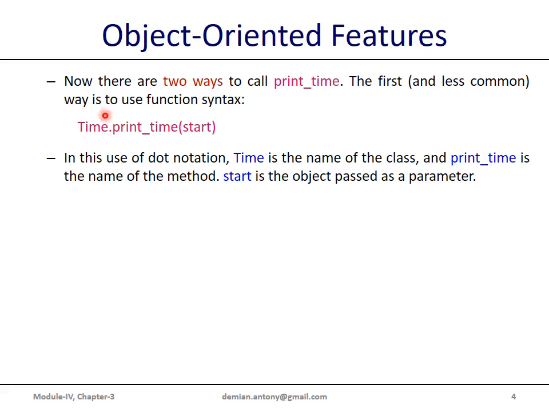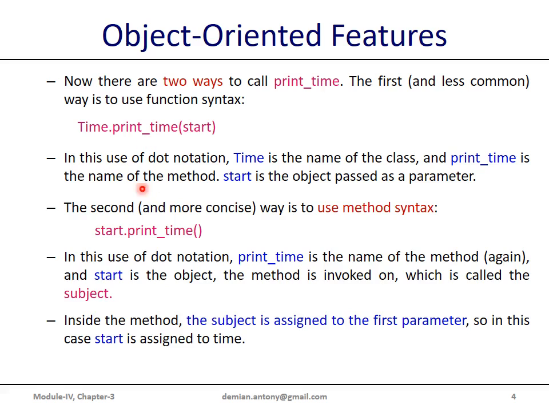We can use that class object to invoke a method where the object is a parameter for the print time. You can note that this syntax uses a dot notation. This is the name of the class and print time is a method, and the start is the object that is passed to a parameter.